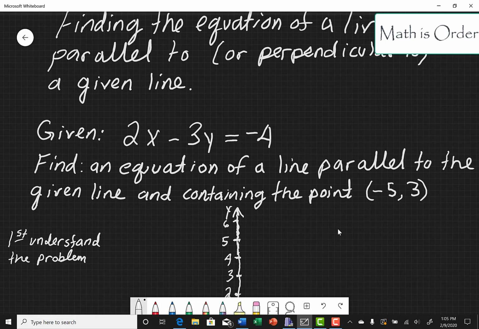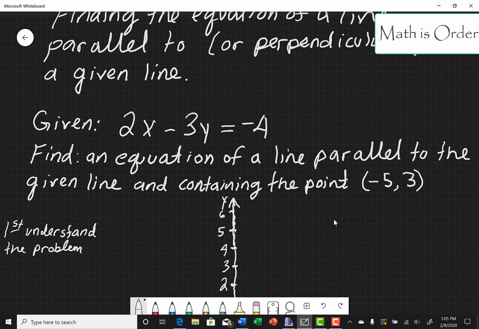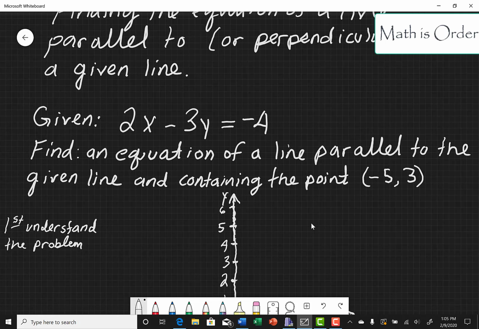Well, the first thing I would suggest in doing a problem like this is to understand the problem. Don't try to immediately solve the problem, but let's understand the problem. And then by understanding the problem, we're getting closer to the solution.